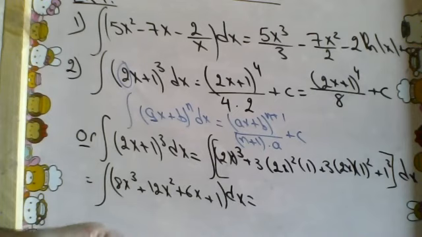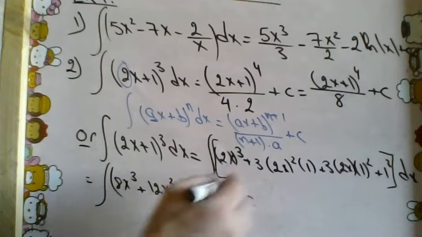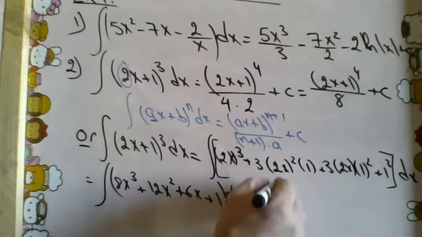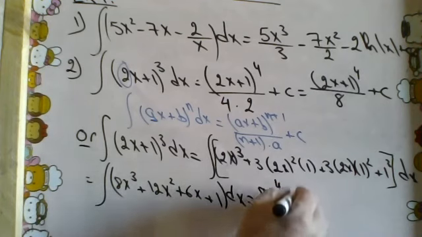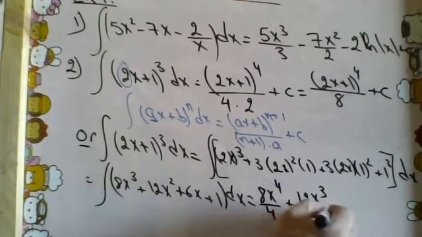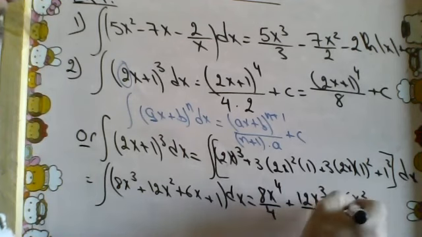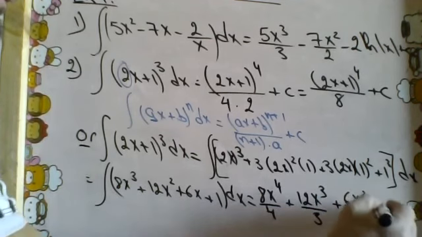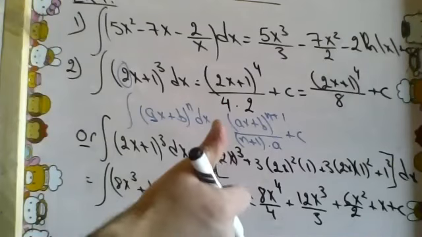Continually, what do you get? 8x to the power 4 over 4 plus 12x to the power 3 over 3 plus 6x to the power 2 over 2 plus 1x plus c. Good.